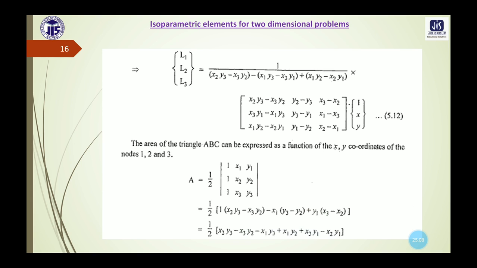So if we do the matrix operation, then it is half of x2 y3 minus x3 y2 minus x1 y3 plus x1 y2 plus x3 y1 minus x2 y1. This is the matrix operation that we have performed here, and this is the formula to calculate the area of the triangle.